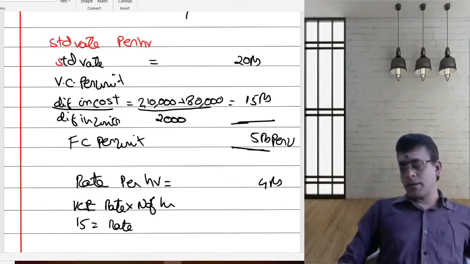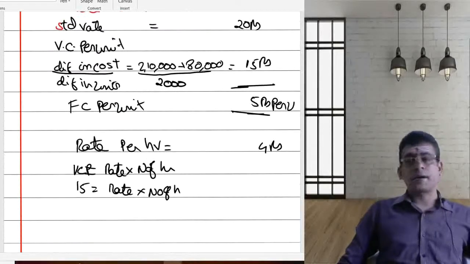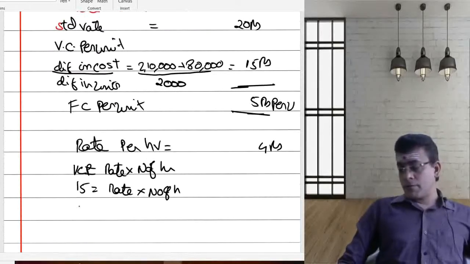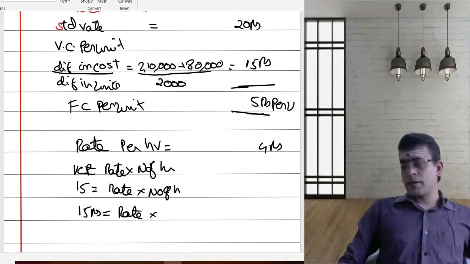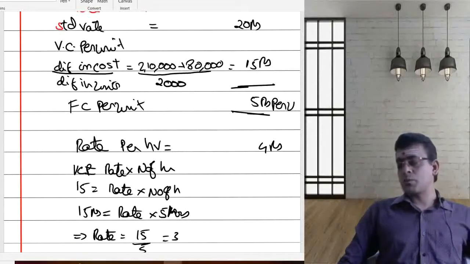How many hours are required for one product? We have already calculated it to be 5 hours. So 15 rupees is equal to rate per hour into 5 hours. Rate is equal to 15 rupees divided by 5, which gives you 3 rupees. So ultimately we got 3 rupees per hour.